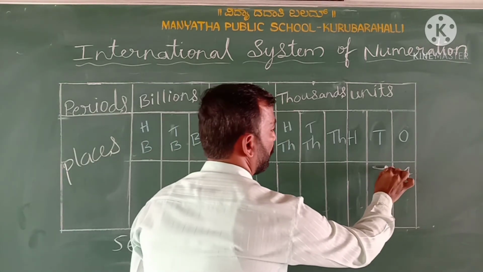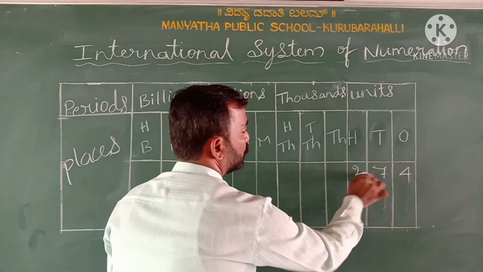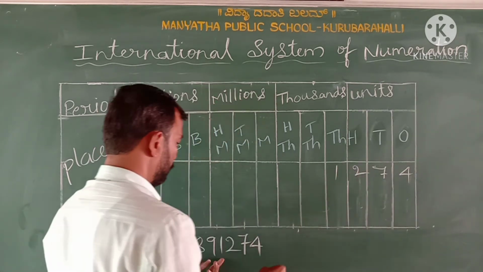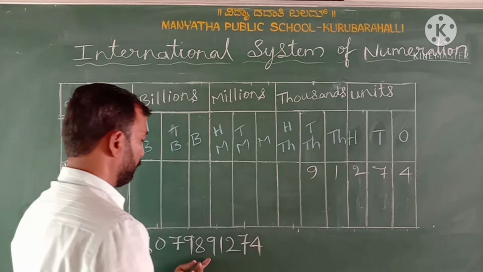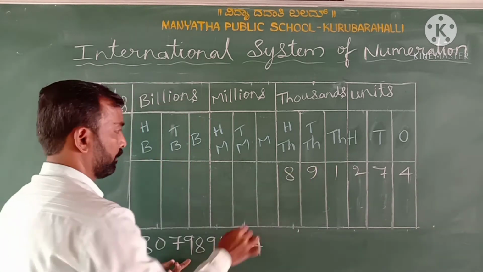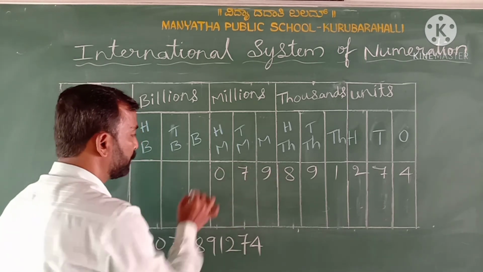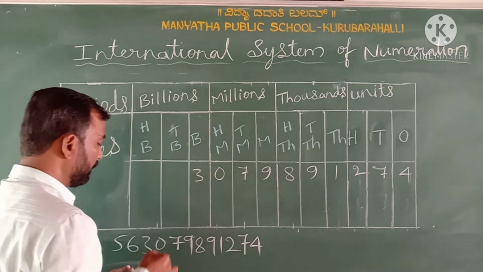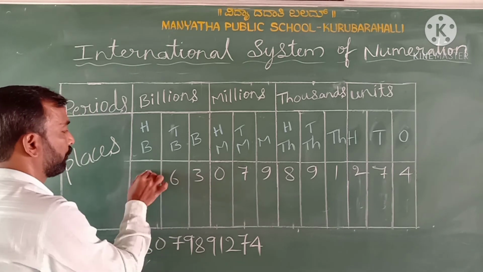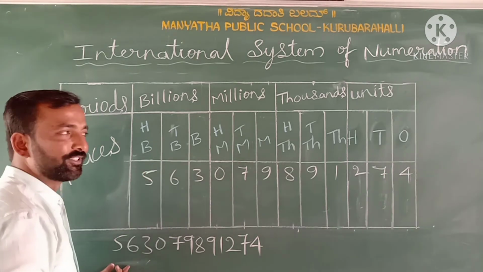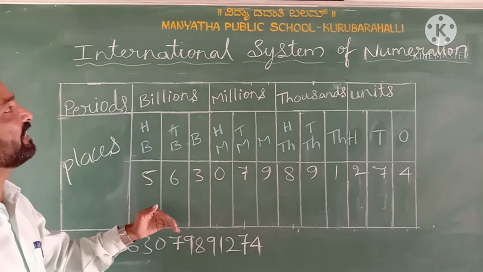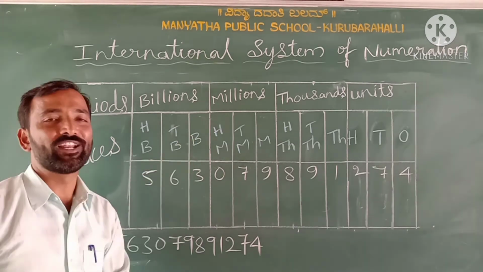Again 7. Here 2, 1, 9, 8, 9, 7, 0, 3, 6, 5. It is the international system of numeration.